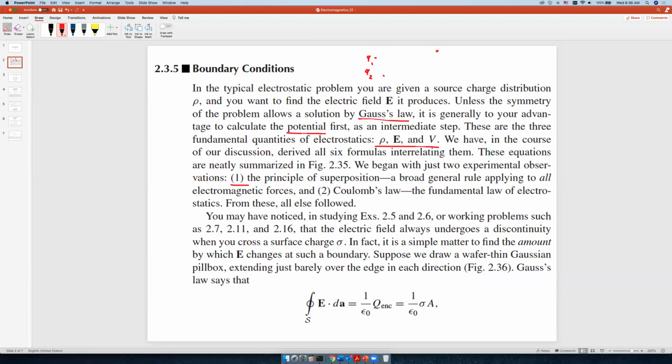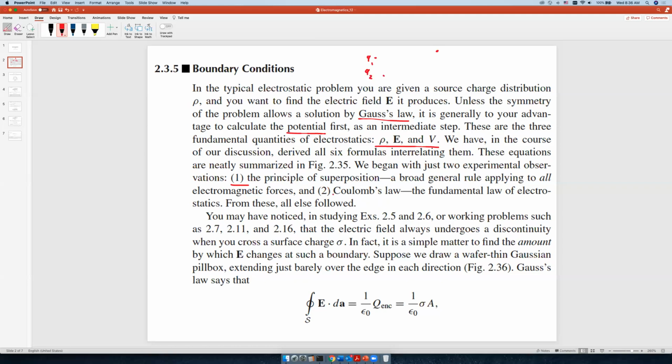The same holds not only for potential but also for electrostatic force and electric field. You calculate the quantity based on each charge, sum them up, and you get the total value.